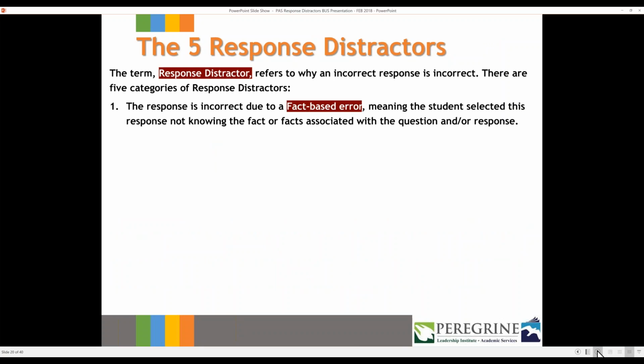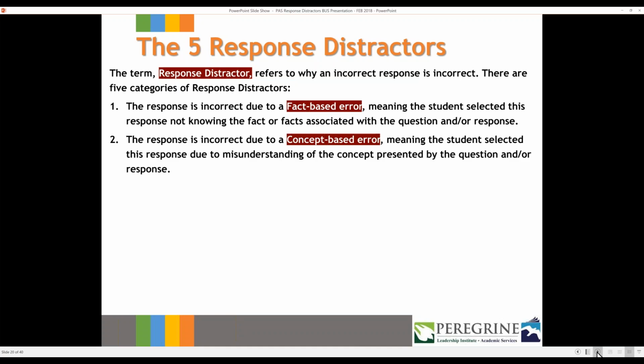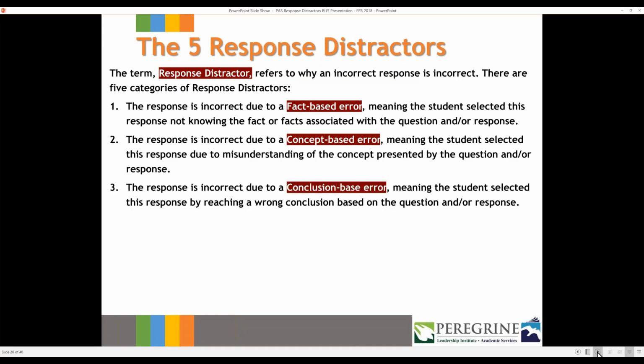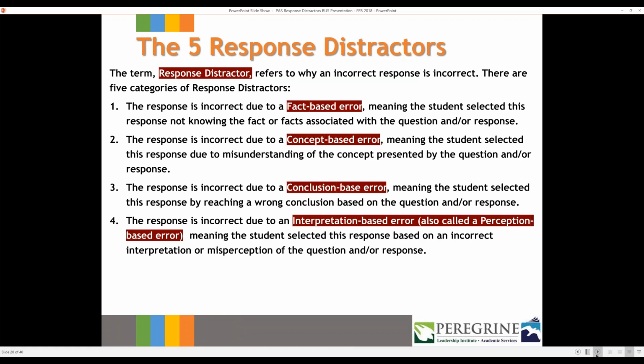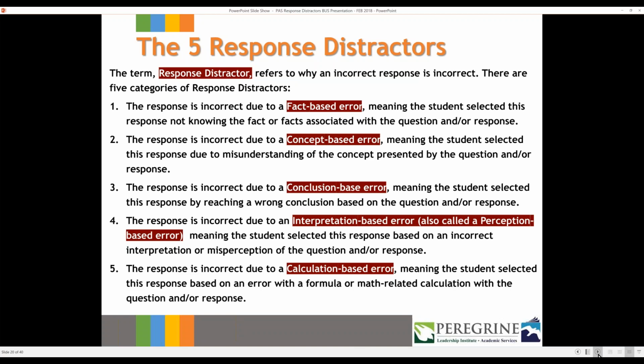So the question is, are your students answering questions incorrectly due to a fact-based error, concept-based error, conclusion-based error, interpretation, which we also call perception-based error, or calculation-based error. So these are the 5 response distractors.